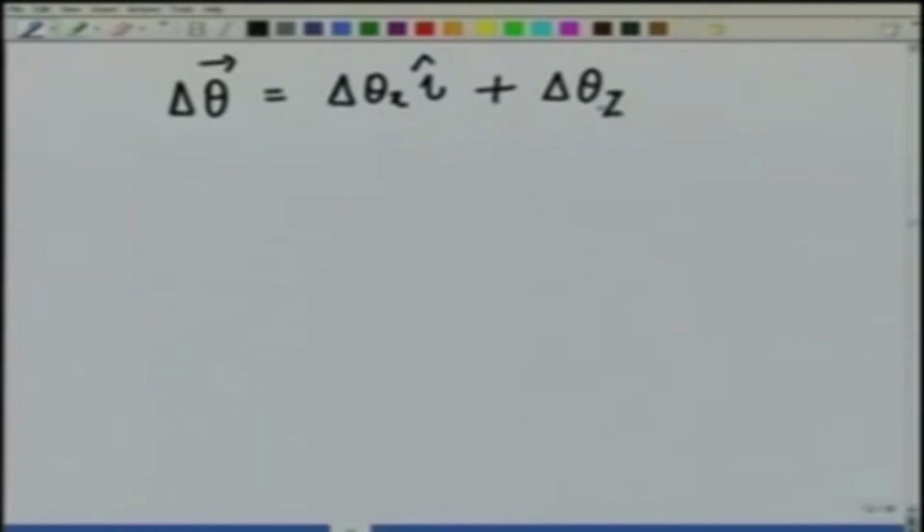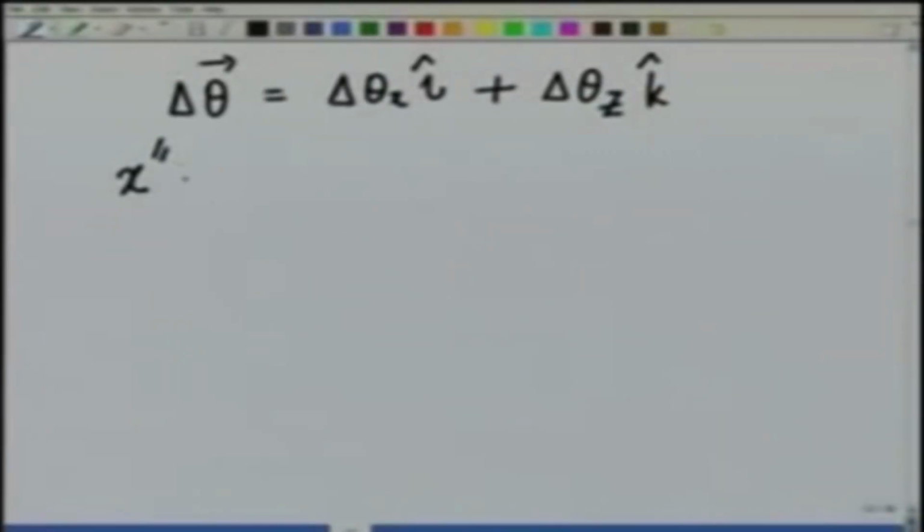What I get is that I can write delta theta as delta theta x about the x axis plus delta theta z about the z axis. It does not matter in which order I apply them, I still get the same answer.